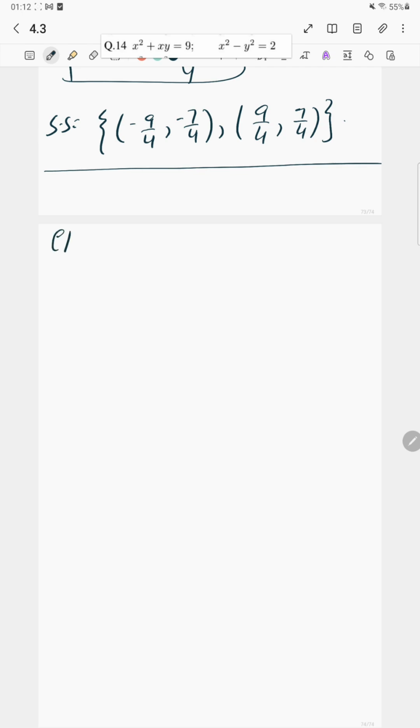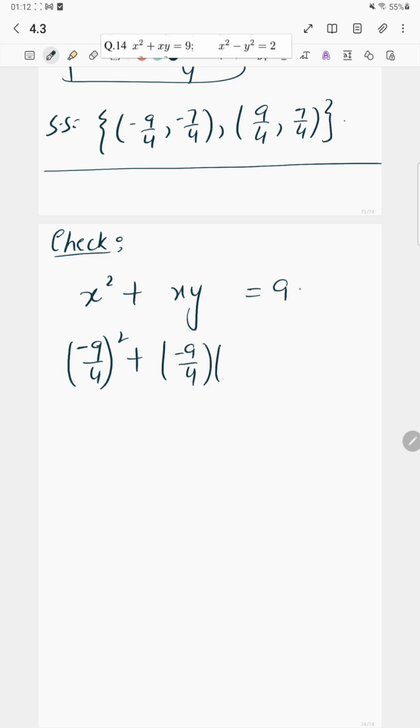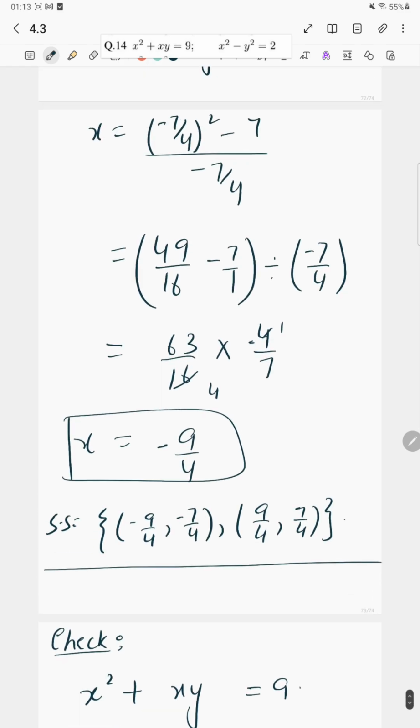Okay, let's check it. This was a bit tricky. So x square plus xy should be equal to 9. So let's say x square, we are going to take minus 9 by 4 square plus minus 9 by 4 times minus 7 by 4, which is equal to 9. 4 times 4 is 16, plus, so it's minus 9 by 4.